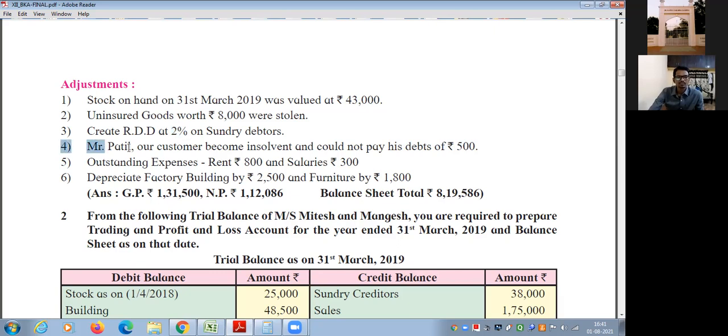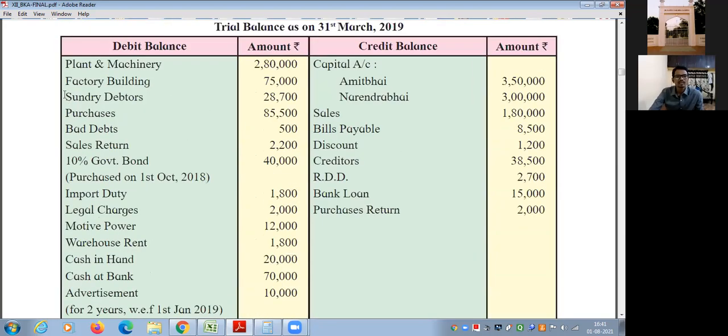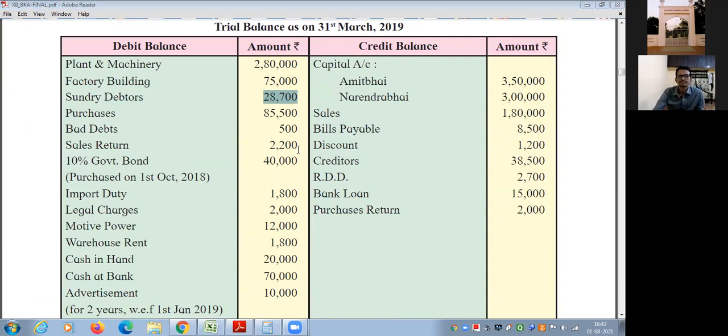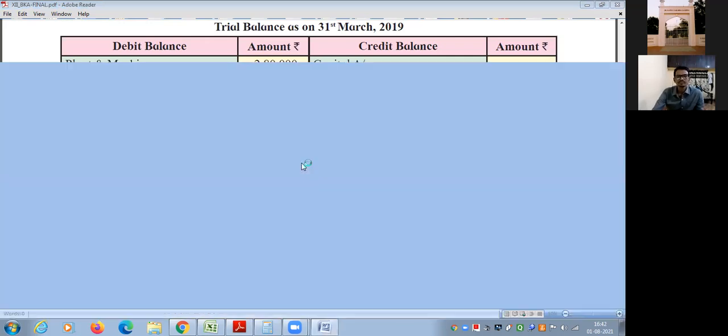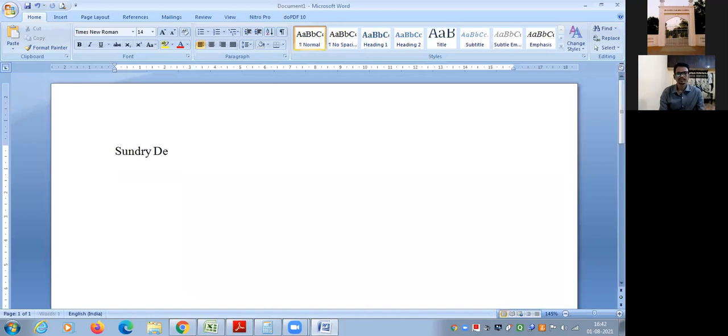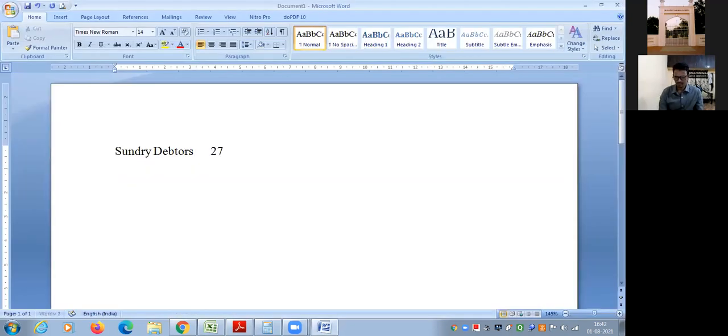This is the only thing which you have to understand. Adjustment number 4 will be calculated first. Have a look at the data: the third item on the trial balance is sundry debtors. I will calculate this here on the screen. Sundry debtors, how much is the amount? 28,700.